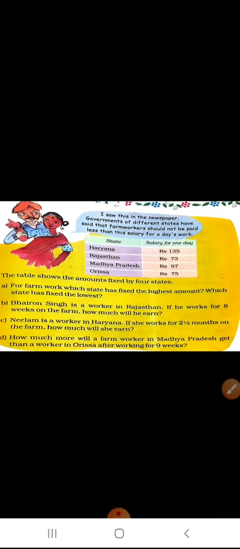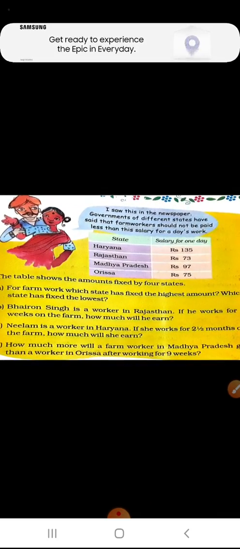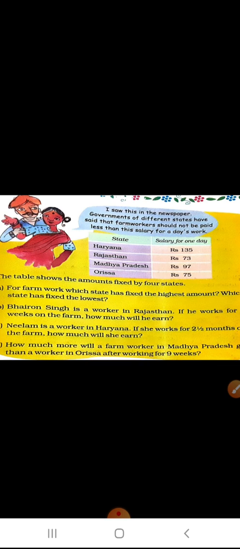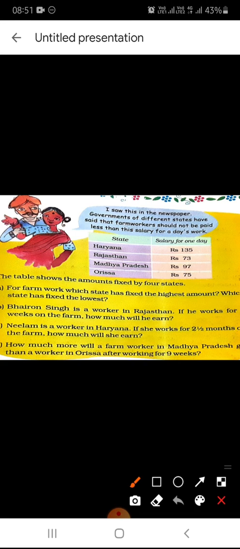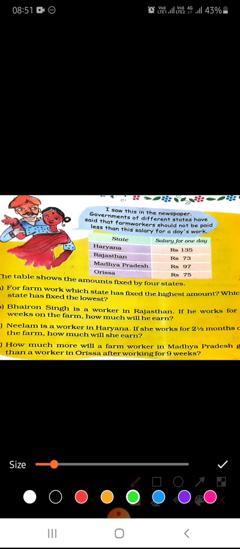Now the questions given here, you have to do these questions. First question is, for farm workers, which state has fixed the highest amount? Which state has fixed the lowest amount? From here you can find the answer. Haryana has fixed the highest amount.